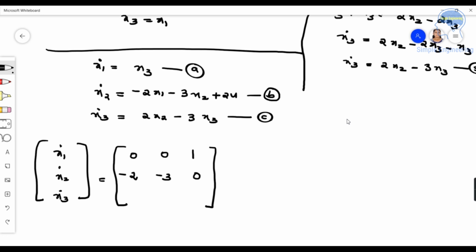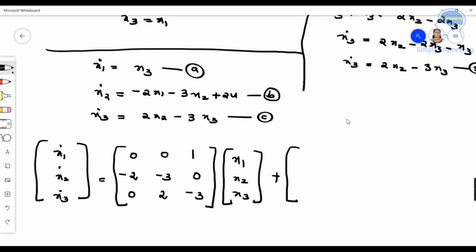Then for x3 dot we don't have x1 term, x2 coefficient is 2 and x3 coefficient is minus 3, into x1, x2, x3, plus, for the u term, for x1 we don't have a u term, for x2 it is 2u, for x3 also we don't have, this into u. So this is our state model.